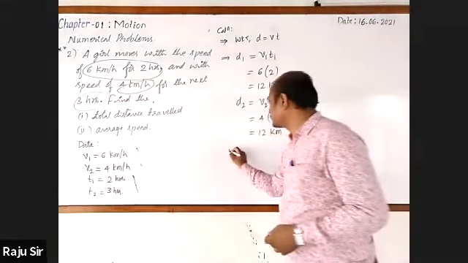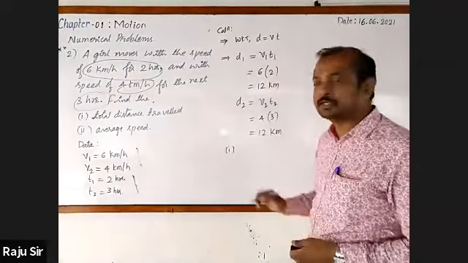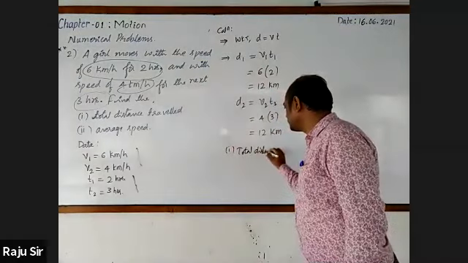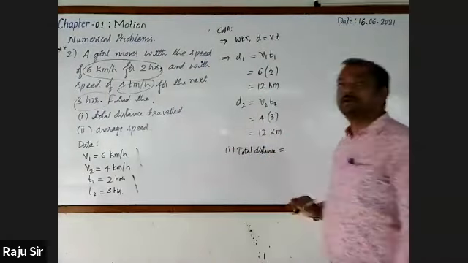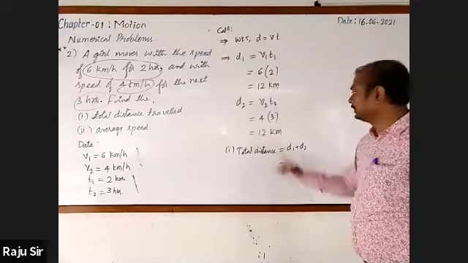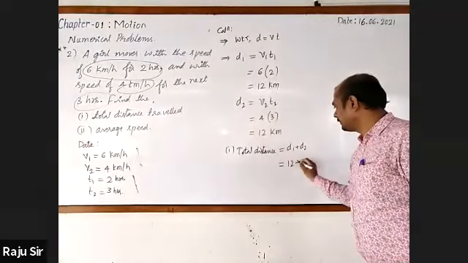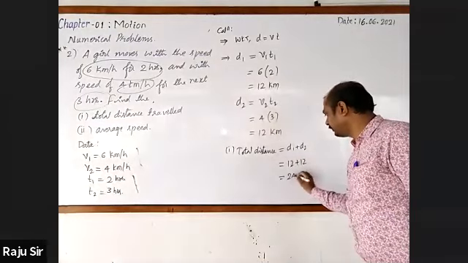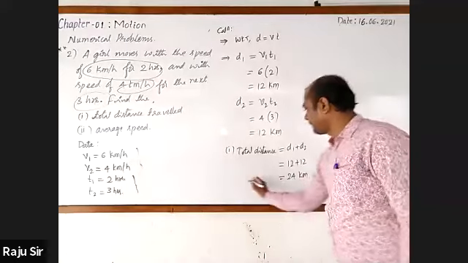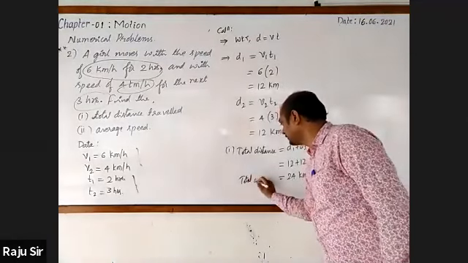Now I'll write first one. Total distance is equal to d1 plus d2. This is equal to 12 plus 12 is equal to 24 km. You can highlight that.